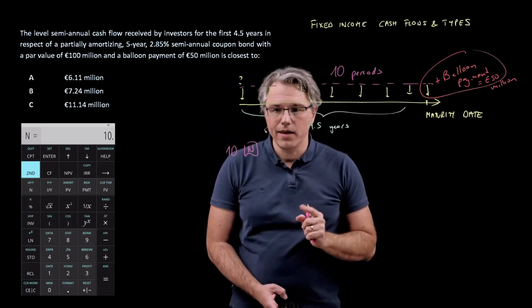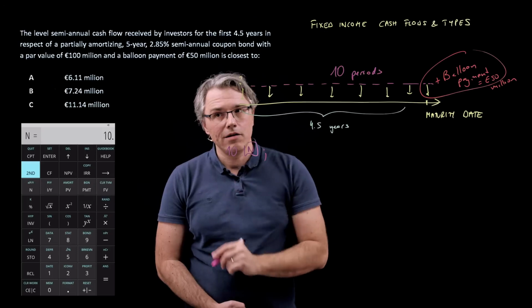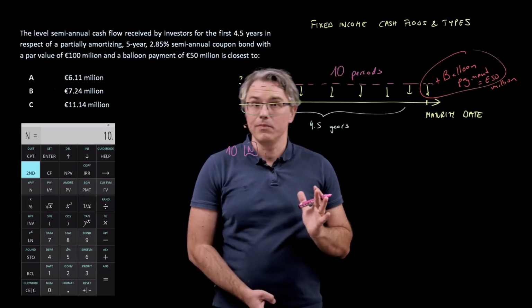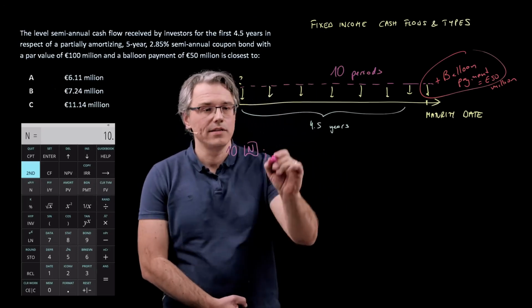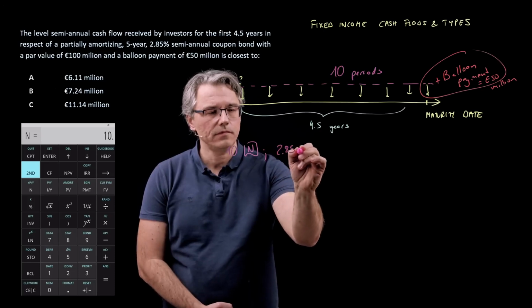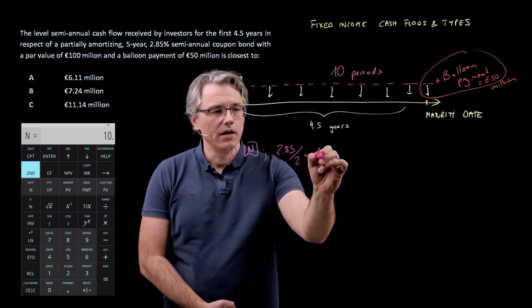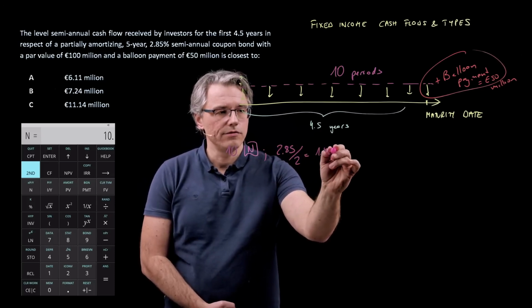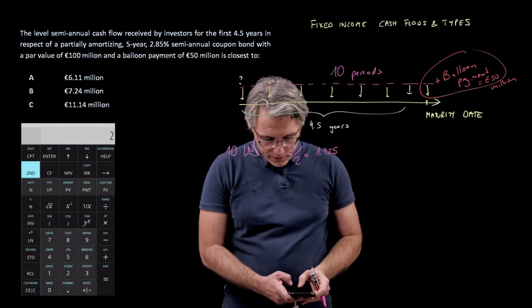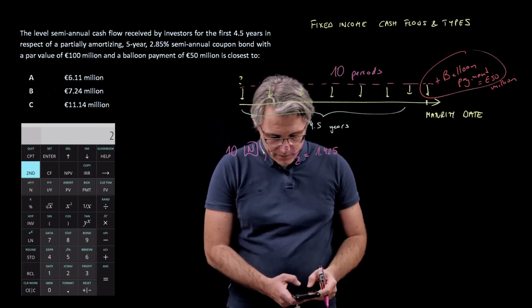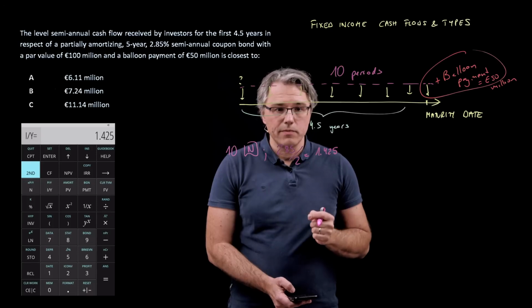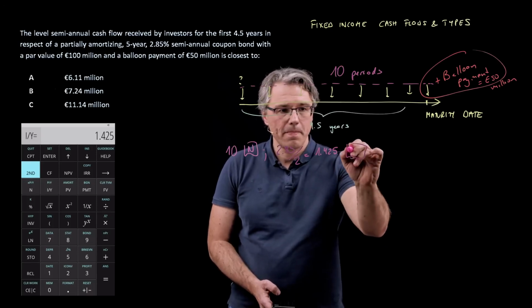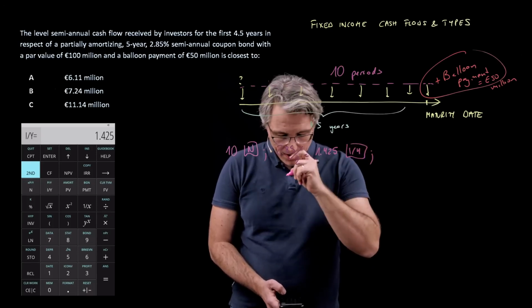So 10 for n. Then for I over y, I will once again make this 2.85 divided by 2. And I know that's 1.425 already. So 2.85 divided by 2. Follow this by I over y. Okay.